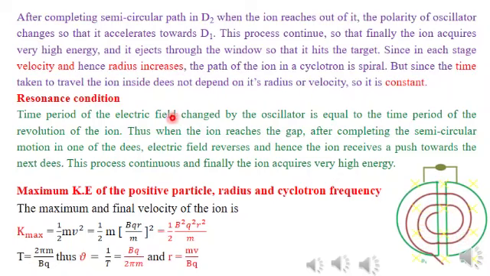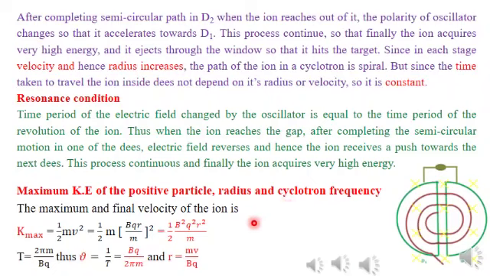Resonance condition: the time period of the electric field changed by the oscillator is equal to the time period of the revolution of the ion. Thus, when the ion reaches the gap after completing the semicircular motion in one of the disks, electric field reverses and hence the ion receives a push towards the next disk. This process continues and finally the ion acquires very high energy.